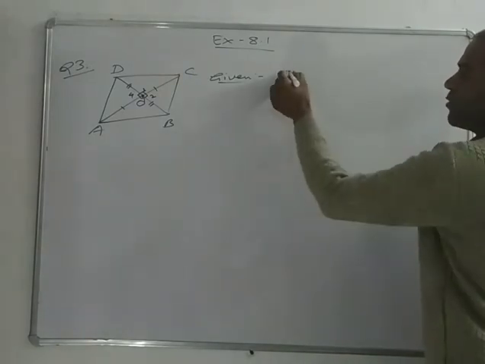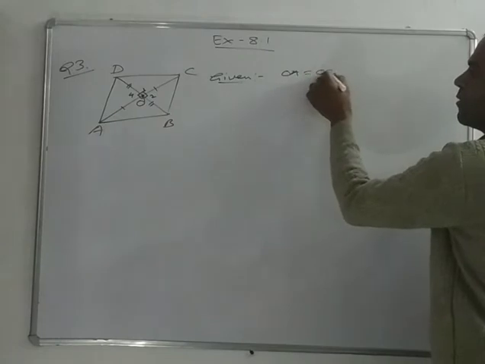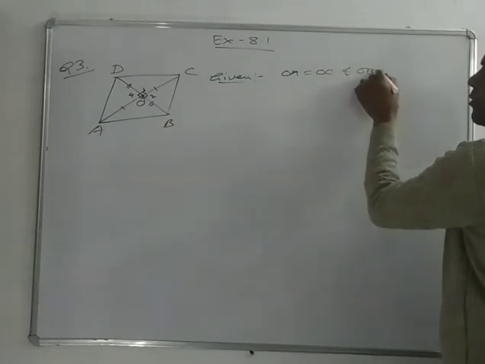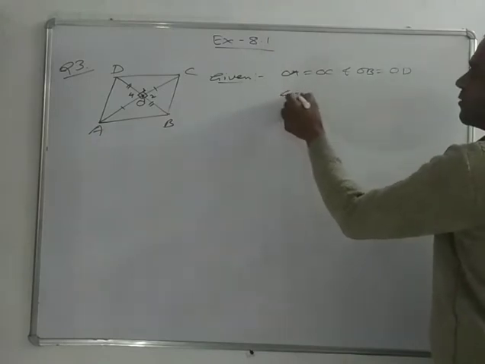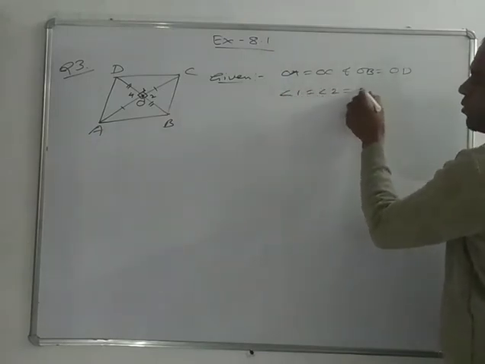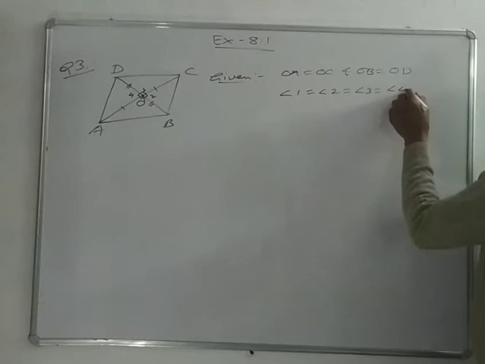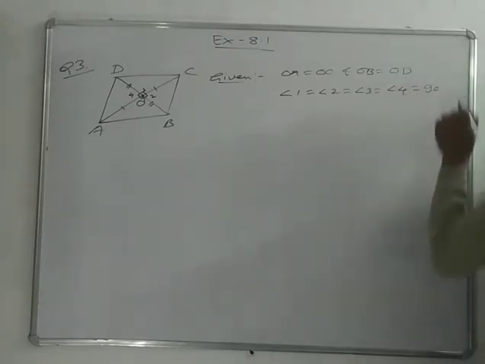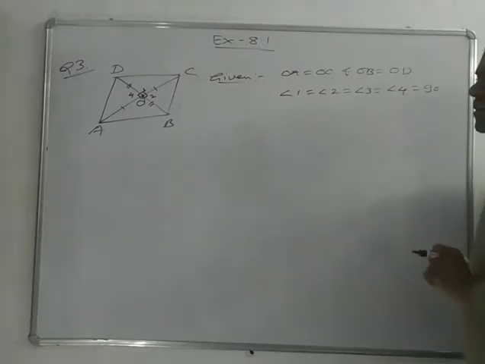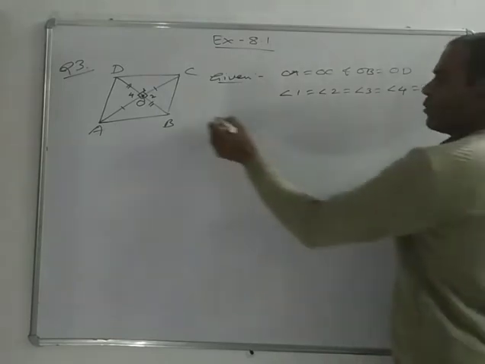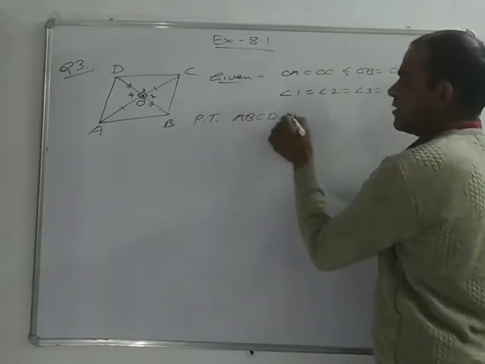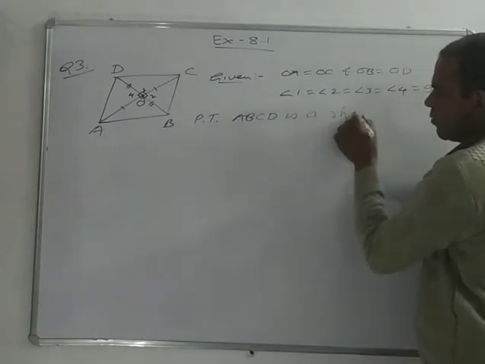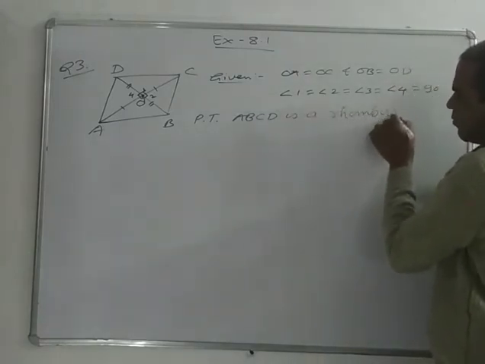So the given part is OA equal to OC and OB equal to OD, and all angles 1, 2, 3 and 4 are 90 degrees. It is given. And prove that ABCD is a rhombus.